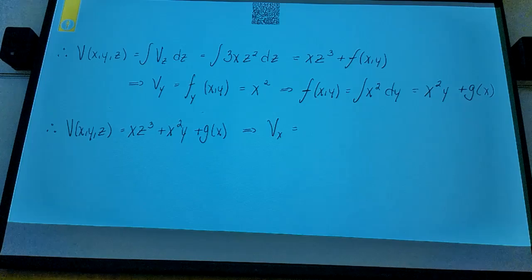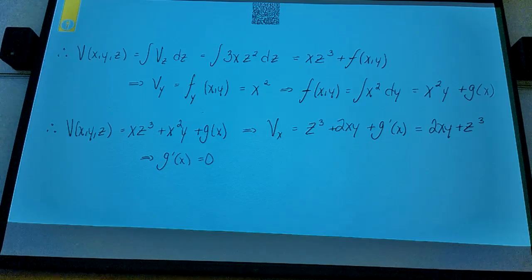Now take its partial with respect to x. Now it's going to have to equal what V sub x is. G prime of x is 0.